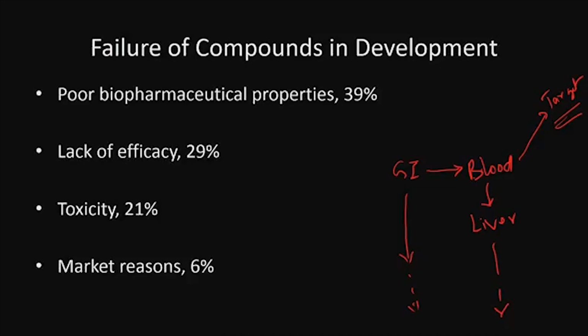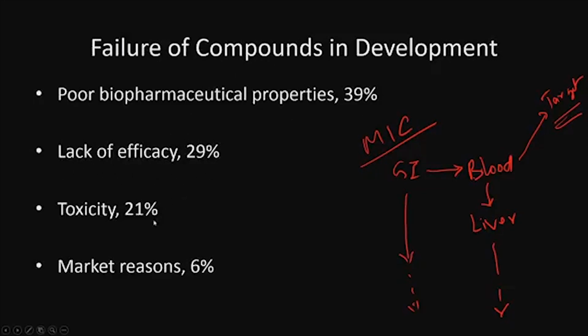For example, for an antibacterial drug, the concentration of the drug should be sufficiently larger than the minimum inhibitory concentration of the bacteria, called MIC. If the concentration of the drug at the target site is very low, that drug is of no use. That is called lack of efficacy.